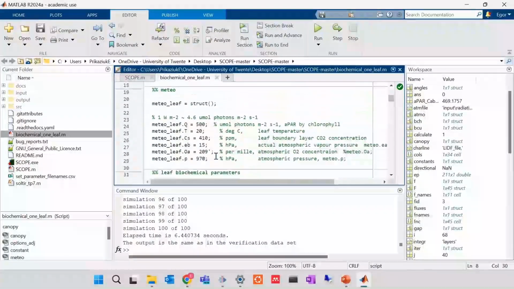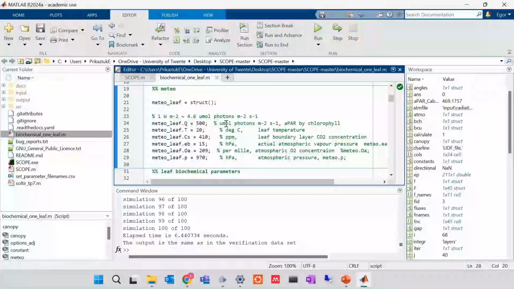Now, important part: leaf response to changes in environmental factors, which is called meteo. What we're providing to the model is the light, temperature, CO2 concentration, relative humidity, oxygen concentration, and atmospheric pressure. Notice that this is leaf temperature.